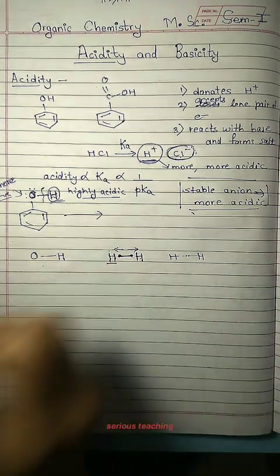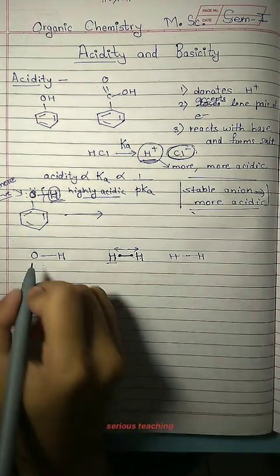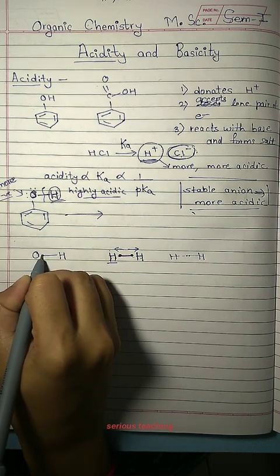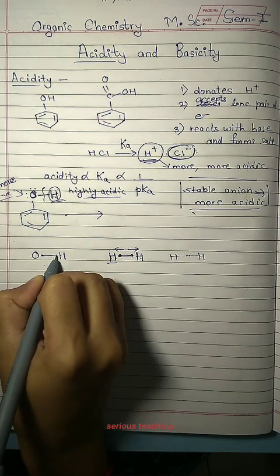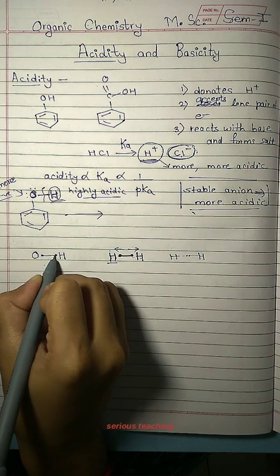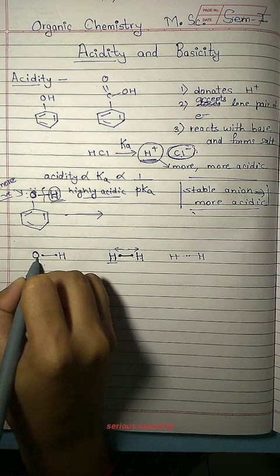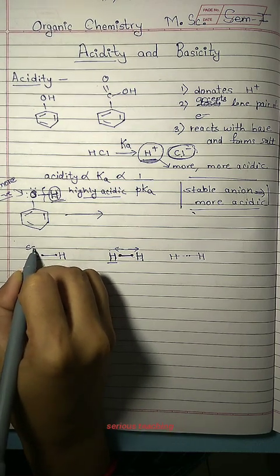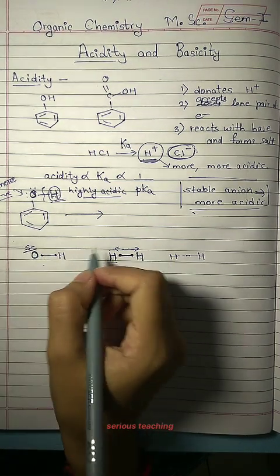But if we compare the same concept in oxygen and hydrogen, this bond is formed from one electron of oxygen and one electron of hydrogen. When we compare the electron density of this bond, you know that oxygen is highly electronegative. Therefore, it will get a delta negative charge.